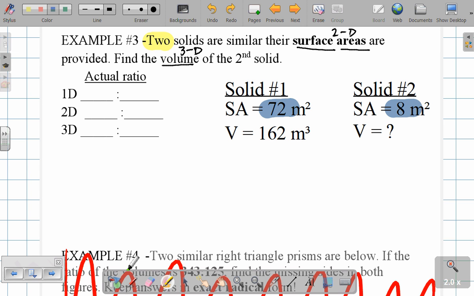Take your surface areas. We have the actual surface areas, not the ratios. So the first thing you need to do is divide both of these by the same number until you get them to the lowest form. Go. That's the ratio.